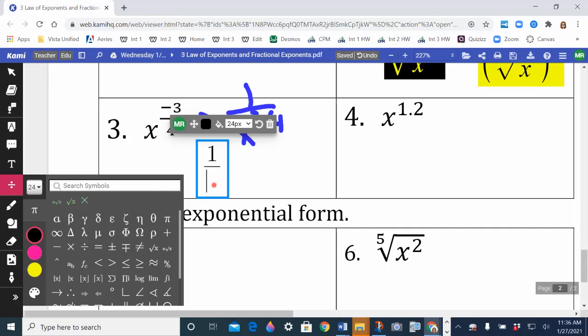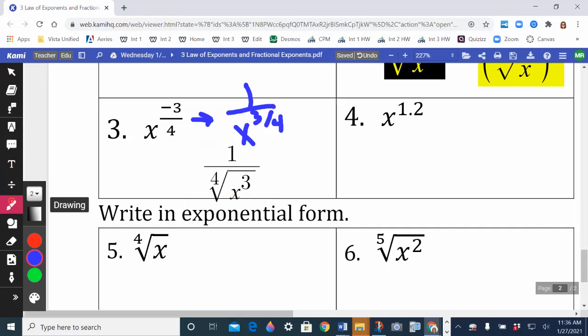Okay. And then I am going to get my root, and I am going to take the 4th root of x, shift 6 to the 3rd. So you can write it like that. Now I'm just going to go to writing, because that's usually how I personally do this.